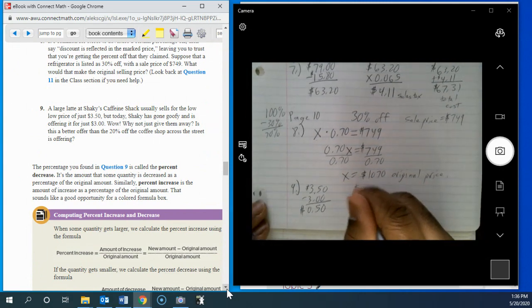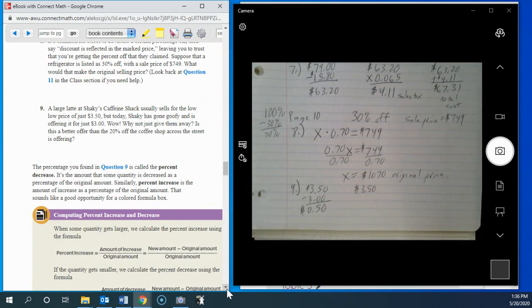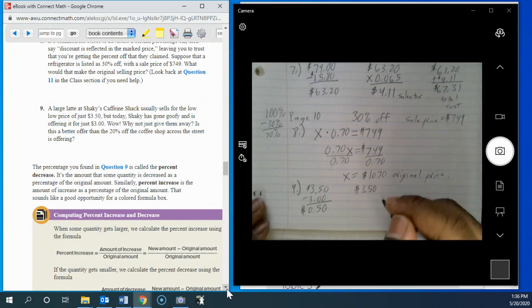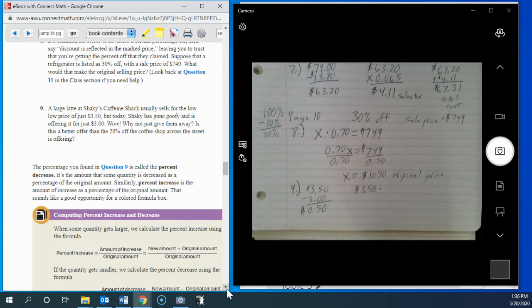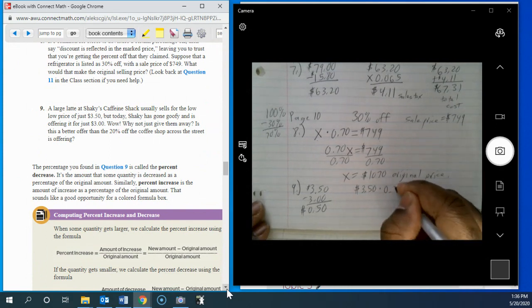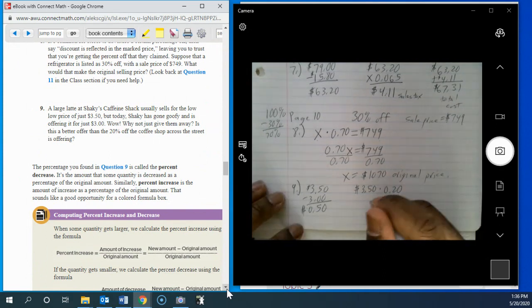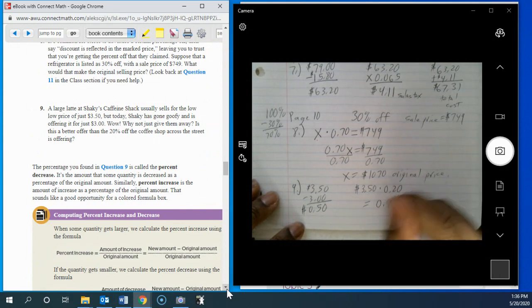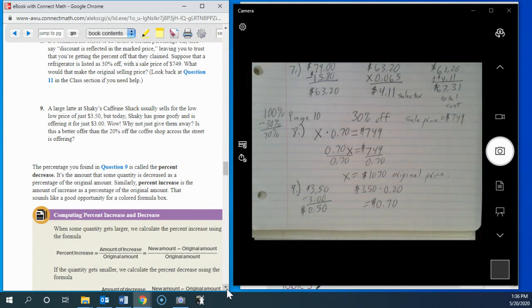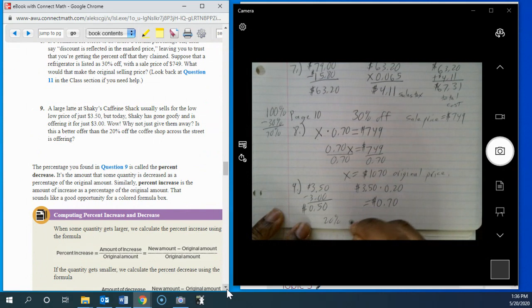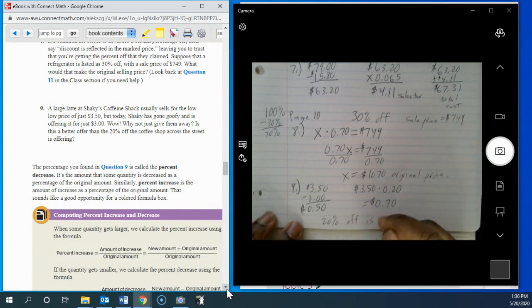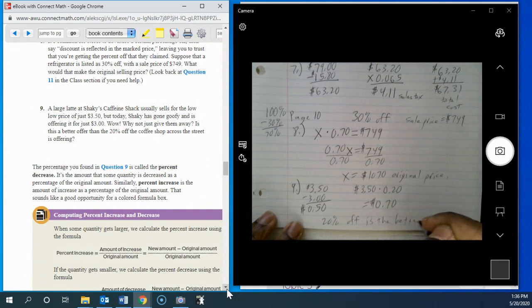So we're going to assume that their shakes were $3.50, and they're going to give 20% off. We could find out the discount by multiplying it by 0.20. When you put this in your calculator, it will give you 0.70. So the better deal is the 20% off, and it's a better deal by 20 cents.